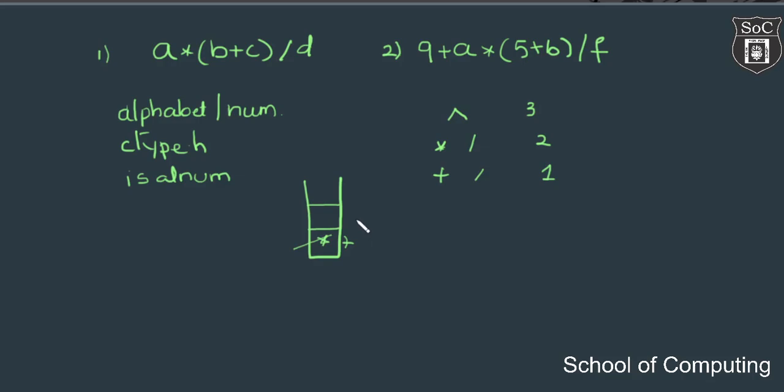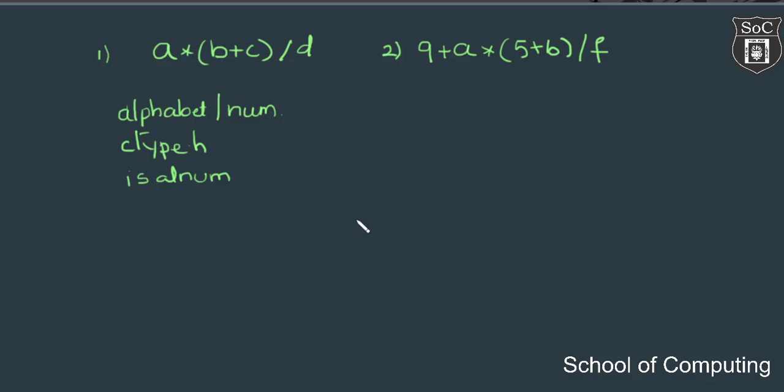So I'll be writing a push function, a pop function, isalnum, and one infix to postfix conversion function in which I build my output string. In the last session we have seen the process of building our postfix expression, the output expression, by applying that conversion process. Let us try to apply it and build our postfix expression.